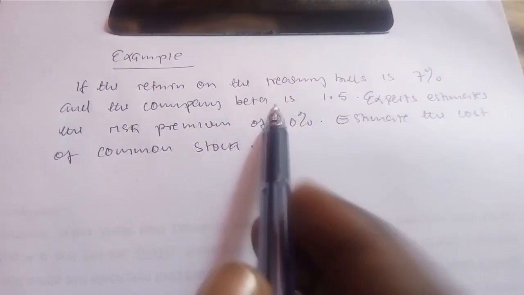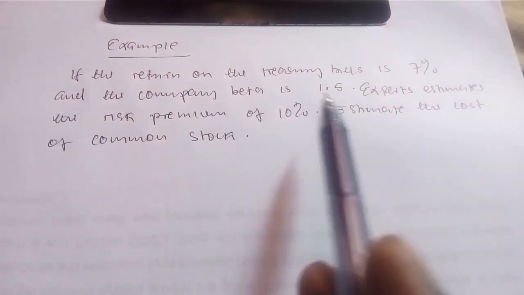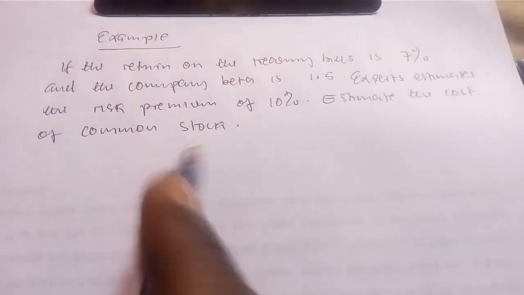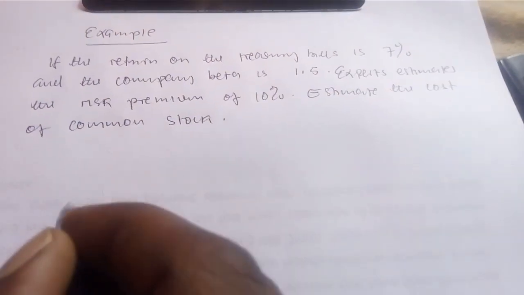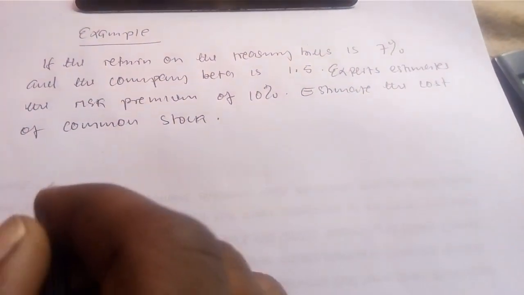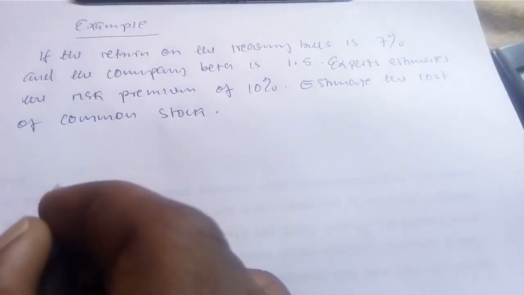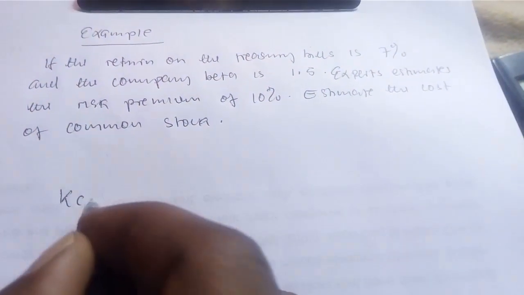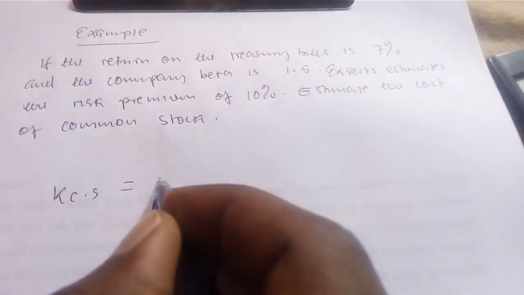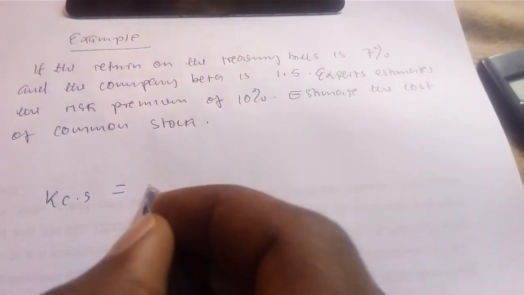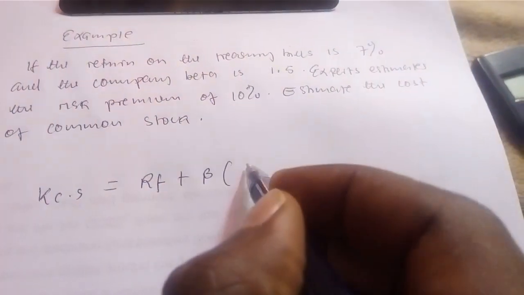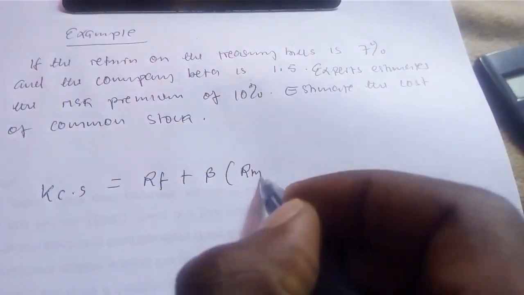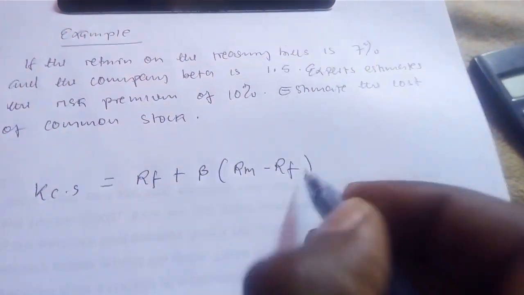When you have this information, it should come to your mind that the approach you have to use is the capital asset pricing model. You need to know this formula by heart: the cost of common stock using the capital asset pricing model is the sum of the risk-free rate plus the beta factor, times return on the market minus risk-free rate.